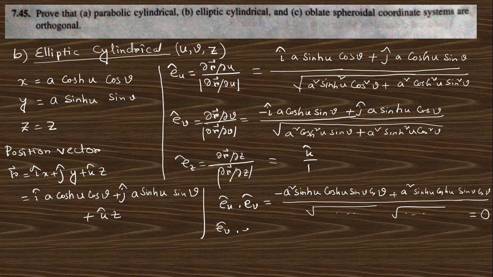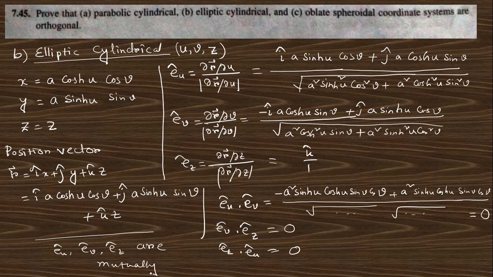Similarly, e_v dot e_z: since e_v is in i j and this is k, this product is also 0, and e_z dot e_u is also 0 because this is k cap and this is i cap j cap. So these three dot products are 0, which means e_u, e_v and e_z are mutually perpendicular to each other, orthogonal to each other.